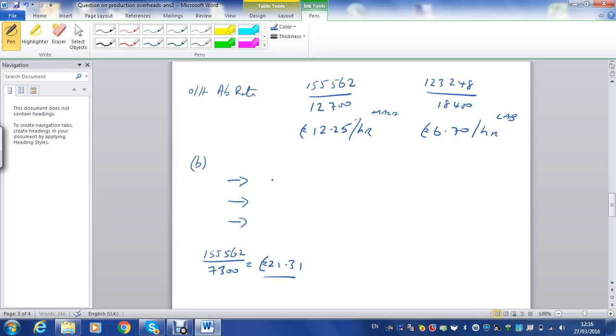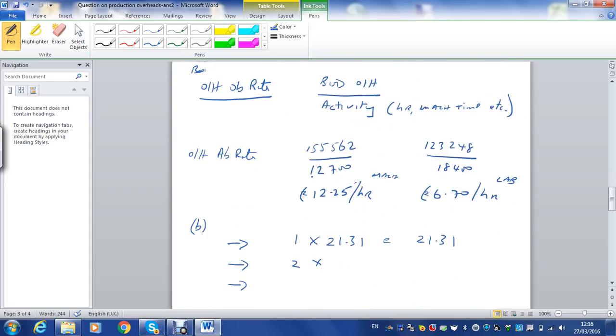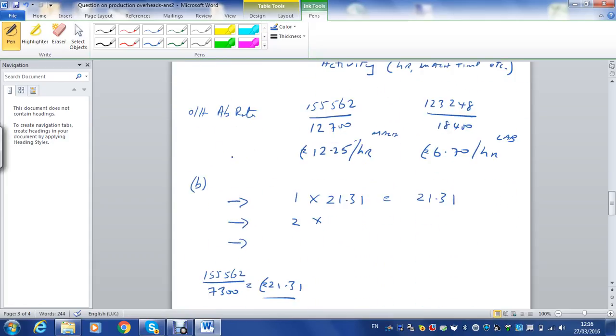And in the question it's saying 1 hour multiplied by 21.31, and that gives us 21.31. The next one is 2 hours, and in this case it's the finishing, and the finishing is the second one here, and that is at 670.